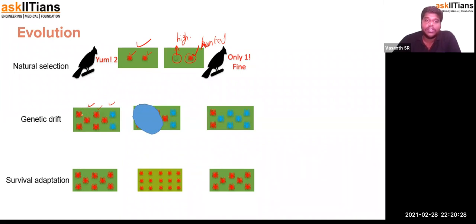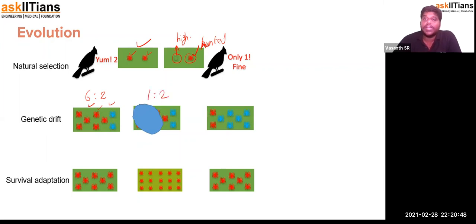Let's say here they are 1, 2, 3, 4, 5, 6, in the proportion of 6:2. Due to some accidental event, like an elephant stomping or anything like that, the ratio has been completely converted to 1:2.